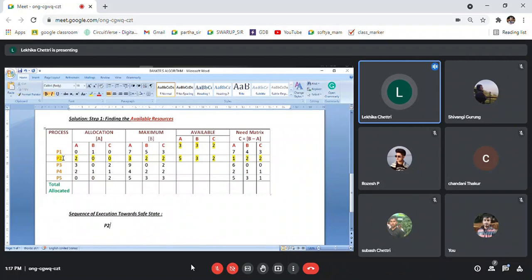So now I have 5, 3, 2. This one is now done. Okay, so now I remove it so that it is easier for you to understand. Okay, so now this is done.